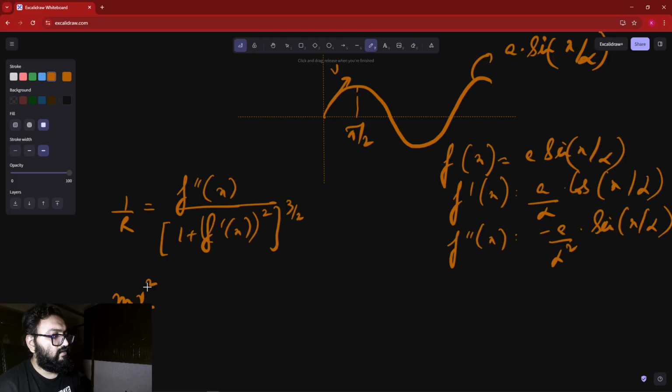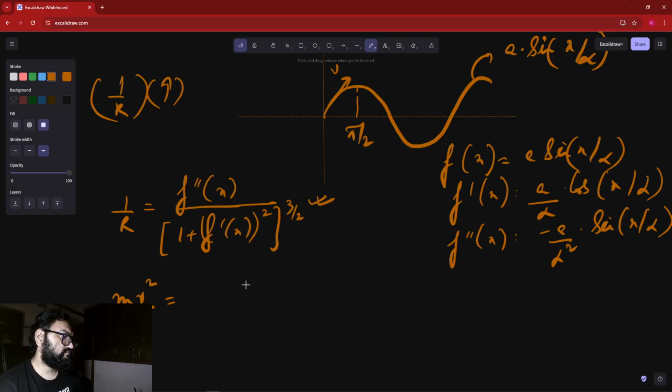Now this centripetal force, once it becomes maximum, only then my frictional force is going to be maximum. So when will this centripetal force be maximum? It will be maximum when my 1 by r reaches the maximum value, which means that this particular term has to reach the maximum value.